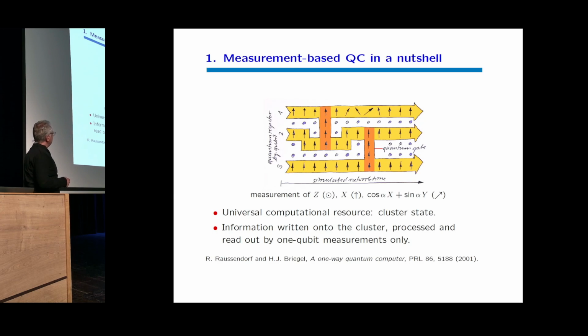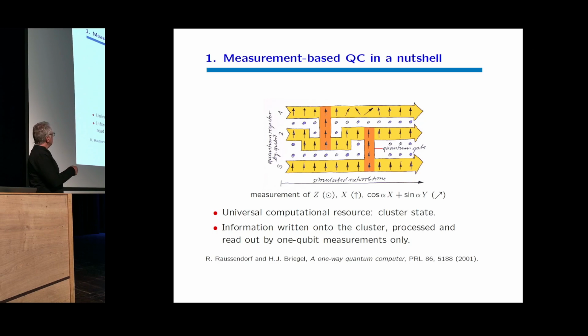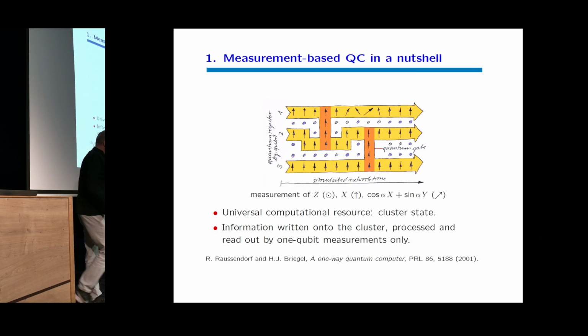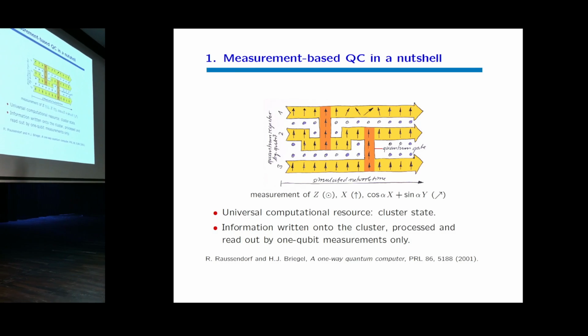And then you compute by measuring the individual qubits. Yeah, so information is written onto that cluster, namely, chiefly, which quantum algorithm you want to implement. And then that quantum information is processed and read out by 1 qubit measurement. So everything you do by the 1 qubit measurements. Okay, so that's basically what it is.